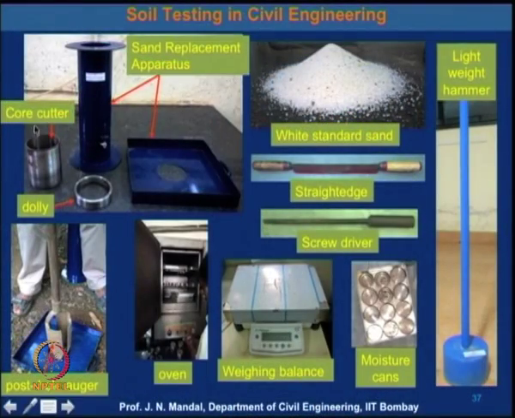Here you can see the core cutter, and this is the sand replacement apparatus, this is the dolly, and this is the post hole auger with which you can bore into the soil, and this is the oven in which you can dry the soil sample, and this is the weighing balance you can measure with, and this is the moisture container in which you can keep the soil, and you can measure the dry weight and the weight of the soil.